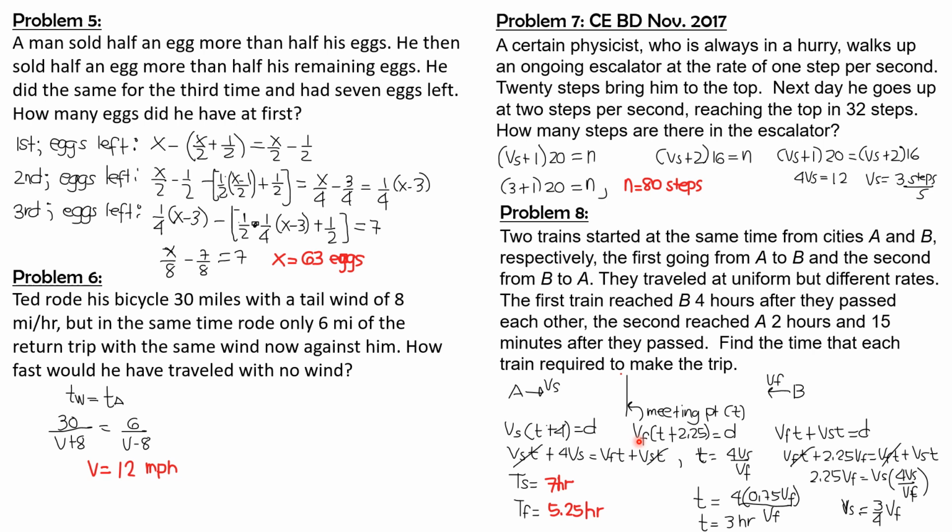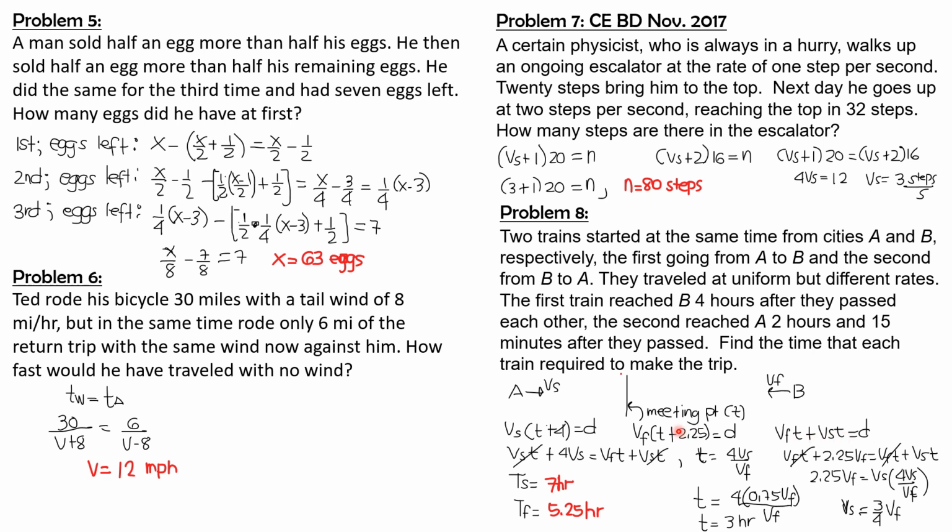So speed of the faster train times (T plus 2.25) equals D. Also, V sub S times T equals V sub F times T. That's also the other equation.